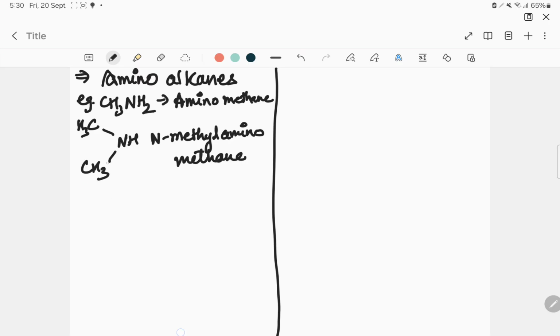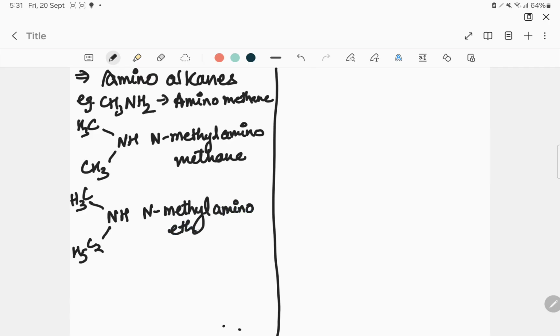If we have a mix of the type NH, CH3 and C2H5, in this case the longer one will be taken as the alkane chain and the smaller will be taken as the alkyl. So the name will be methyl amino ethane.